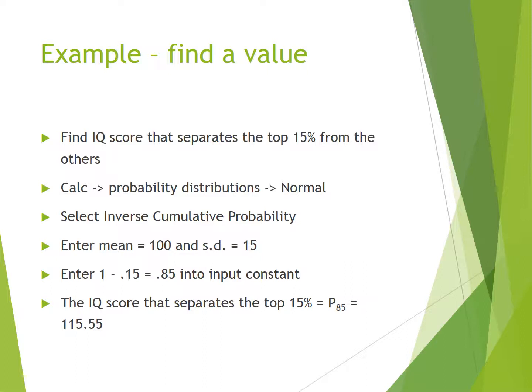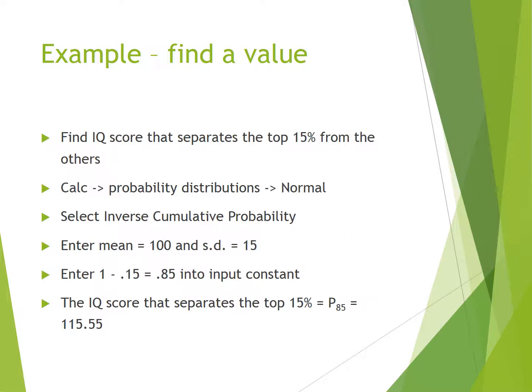Okay, now let's look at the opposite. Let's look at, given the probability, find the value that corresponds to it. So I'm told that I want to find which value, which IQ score, separates the top 15% from the rest. So I go to Calc, Probability Distributions, Normal. An IQ score is a value. When you're looking for a value, you use inverse cumulative probability. When you're looking for a probability, you use cumulative probability.